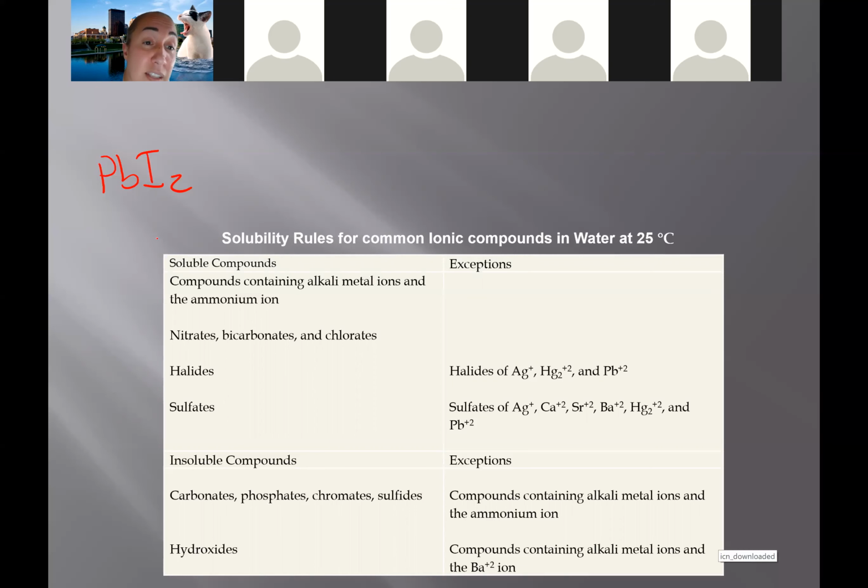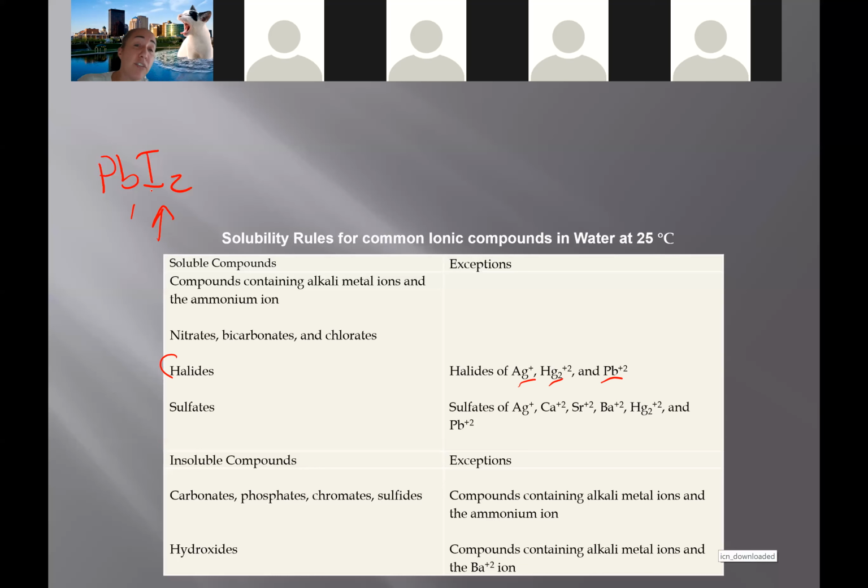Cherish, you kept saying lead. Lead is the exception, not the halide. Halides are chlorine, fluorine, bromine, iodine. There is a section for halides, and they are typically soluble. The only exceptions are if they're connected with silver, mercury, or lead, which in this case is lead. So that's why that's your solid.